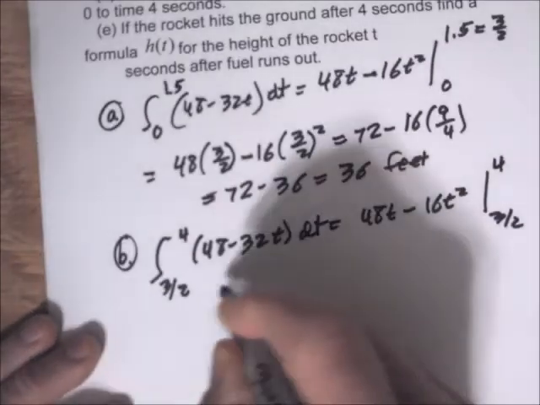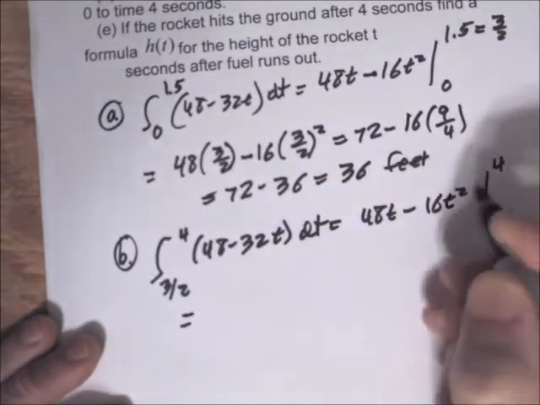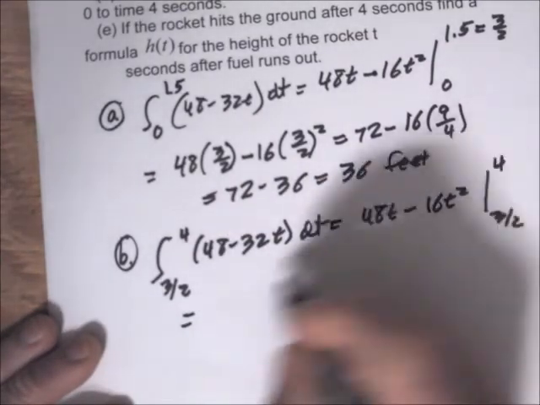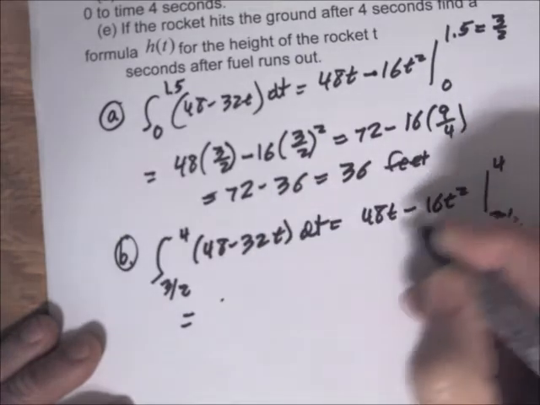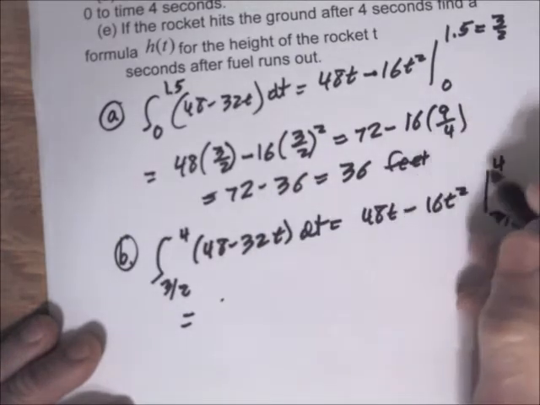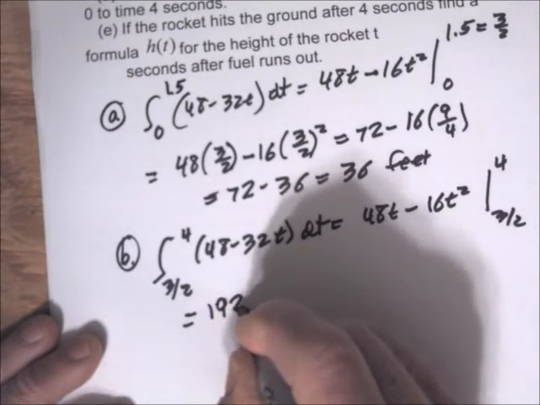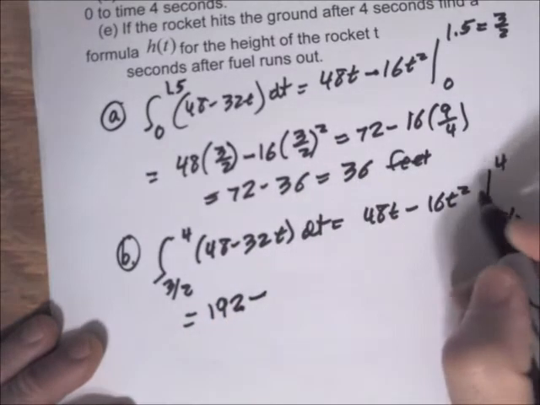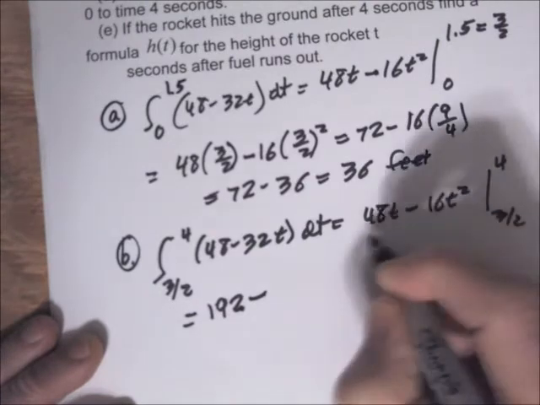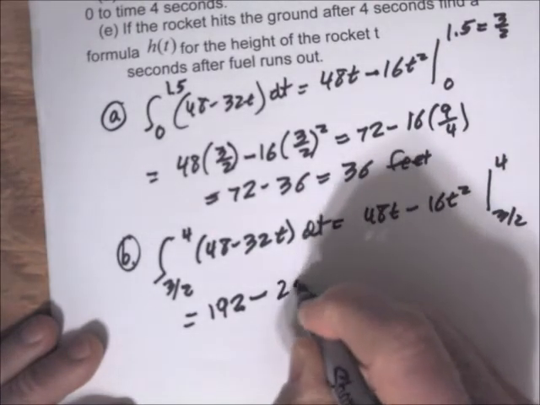If we put in 4, 4 times 48 is 192. 4 times 40 is 160, 4 times 8 is 32, so 192 minus 4 squared, which is 16, 16 times 16 is 256.